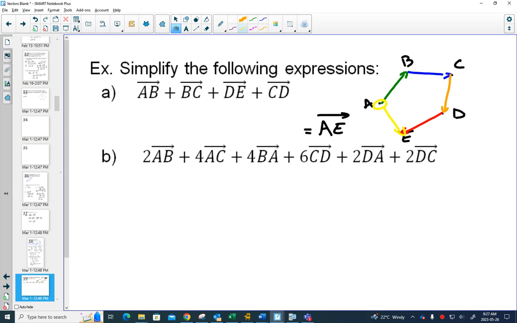In the mathematics, sometimes I'm not going to draw out this diagram, by the way. Look at the second one. I don't want to draw out a diagram for all of that. But for the first one, I could go, if I'm going from A to B and B to C, does it make sense that this could be combined to be A to C?